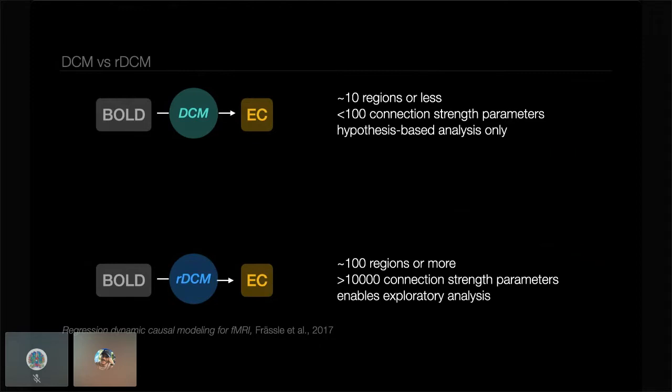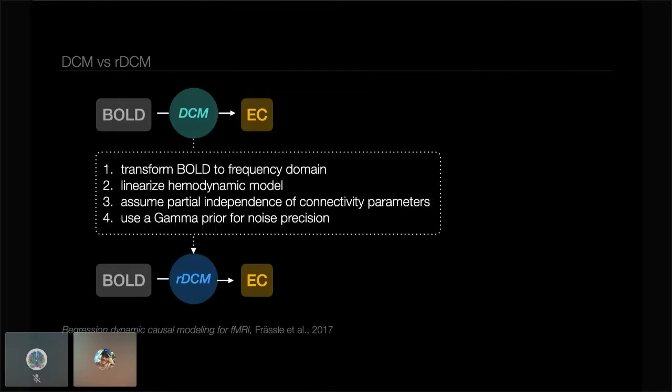So how is this improvement possible? Roughly speaking, rDCM is a modification of DCM by opportune use of approximations and choice of coordinates. The transformation from DCM to rDCM takes 4 steps. First, we transform the BOLD time series to the frequency domain, along with the state equation we already saw.